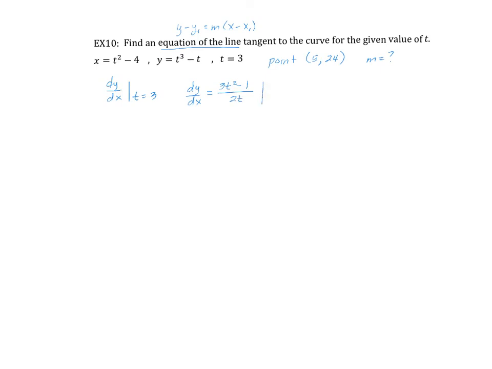So when we evaluate this for t equal to 3, that gives us 26 over 6, or reduced, 13 over 3. Now we'll put all of that together to write the equation of our tangent line as y minus 24 equal to 13 over 3 times x minus 5. And that's fine.